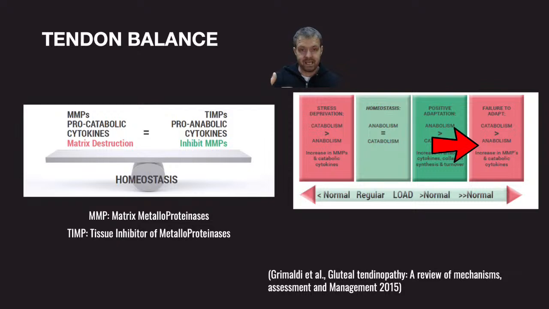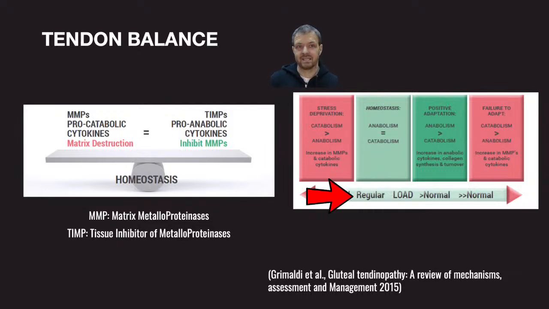So it's breaking it down faster than it can be built. There's an increase in MMPs and catabolic cytokines, so we get a degradation of the tendon. And this is where you get a tendinopathy problem. It doesn't take much to tip it into catabolic.